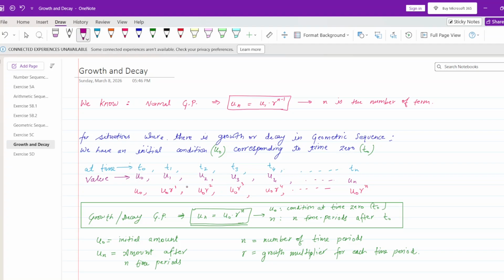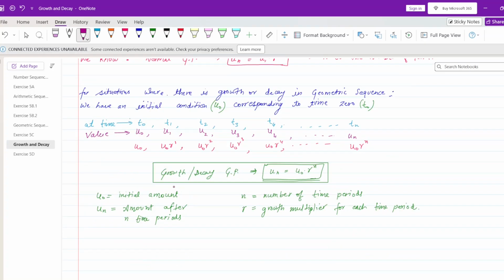So in this scenario, at time tn, the value is going to be un, and un can be represented as u0 times r raised to the power n.